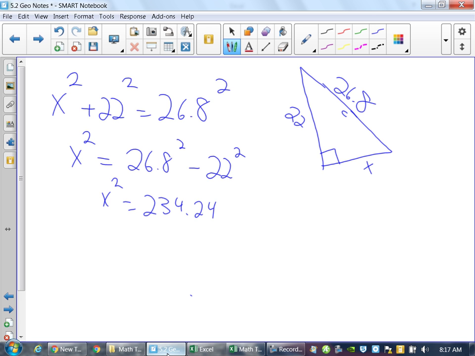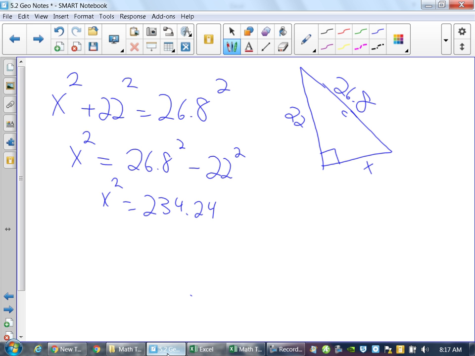So hit second square root like you would normally, and then hit second answer, which on this one is your negative symbol. On the screen, it's going to say square root of answer, and hit enter. What it's doing is it's taking the square root of 234.24 without you having to retype it. And that's how that would work.